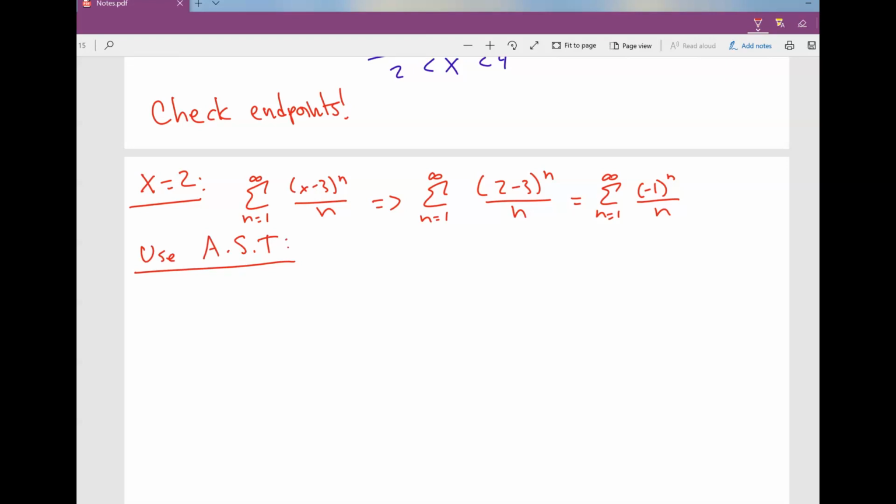Remember, the alternating series test says that b sub n is decreasing, and also that if you take the limit as n goes to infinity of b sub n and it equals 0, then if both conditions are satisfied, the series converges.